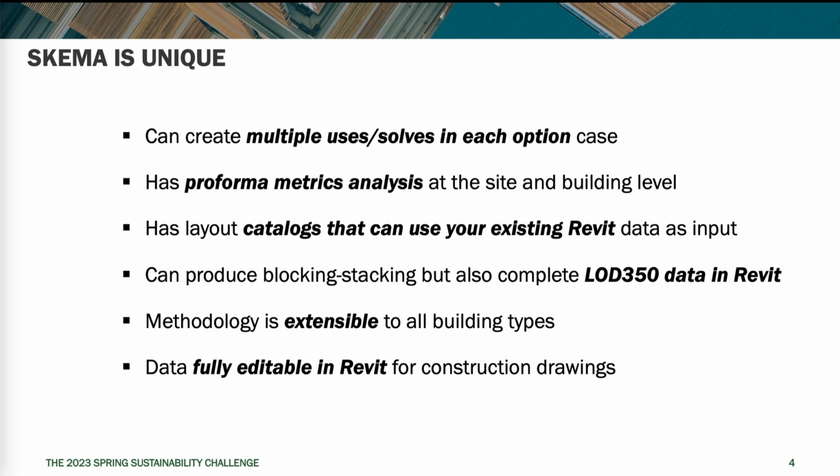And so from that, Schema can produce from the blocking and stacking not only the blocking and stacking cubes, but also complete LOD 350 data for the building in Revit. That is, as far as I know, the only system that does this, and this is why we thought it was so unique to the point where we partnered to get you an extended trial for it.